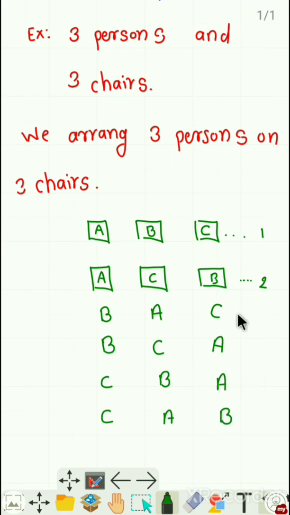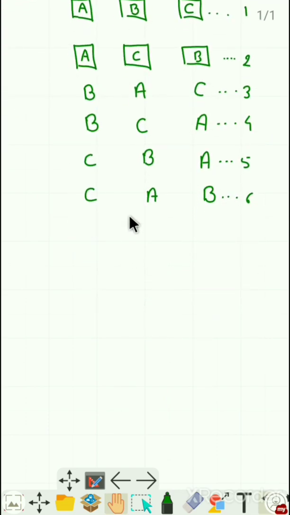So this is our first way, second way, third way, fourth way, fifth way, and sixth way. So there are 6 ways to arrange 3 persons on 3 chairs.